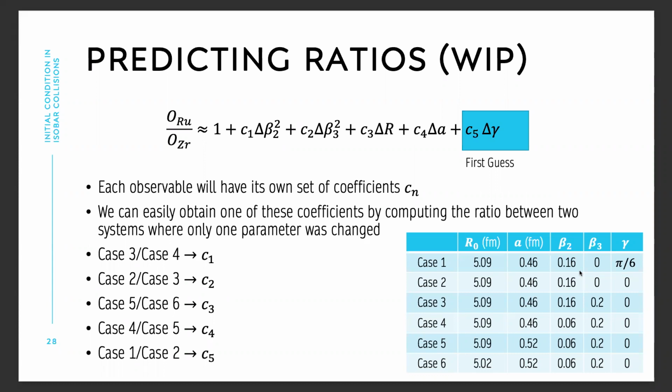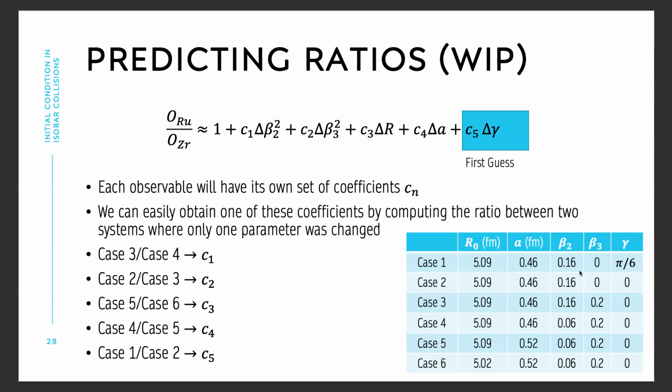And usually the formula is presented only up to C4. So for the triaxiality parameter, I'm just guessing a constant times delta gamma. This is highly work in progress, so I'm open to feedback. And I show some things that are not working quite well.